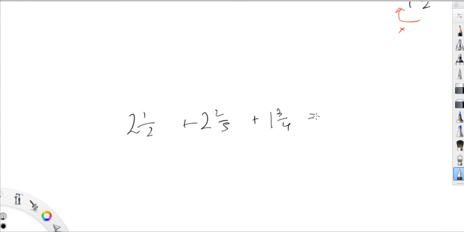And really remember, it's easier to just put them in proper form. So that's actually 5 over 2. 2 times 2 is 4 plus 1 makes 5. This one is 5 times 2 is 10 plus 2 is 12 over 5. This one's 4 times 1 is 4 plus 3 is 7 over 4.